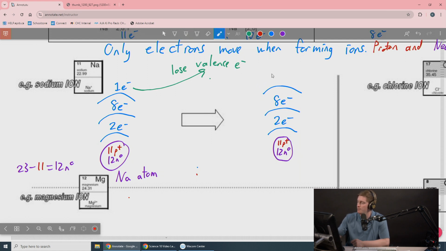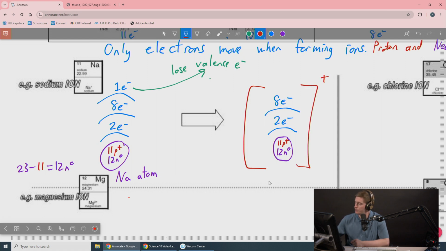You can draw an empty one. I'm just going to erase it. There's just nothing in the third energy level. Overall, this Bohr diagram has a positive charge. This is for a sodium ion, which will have the symbol Na+.